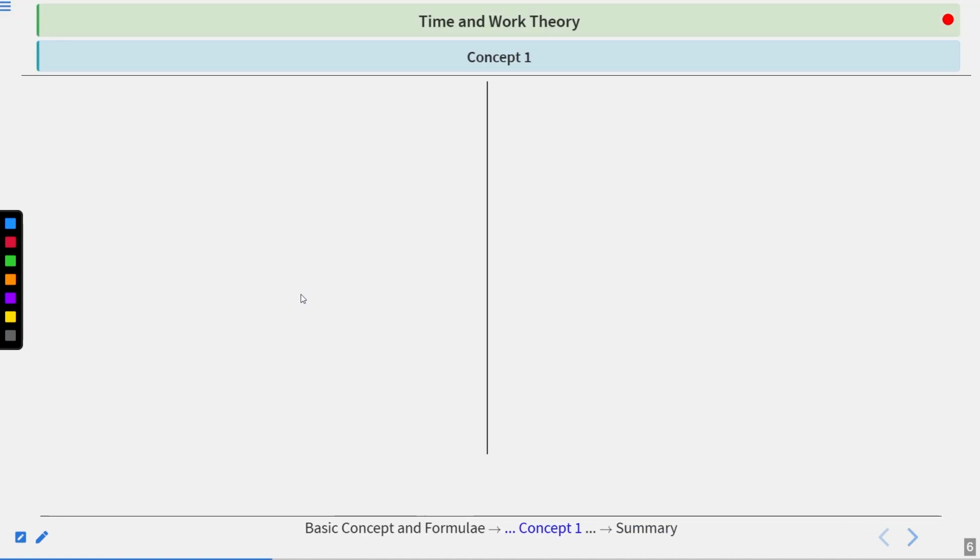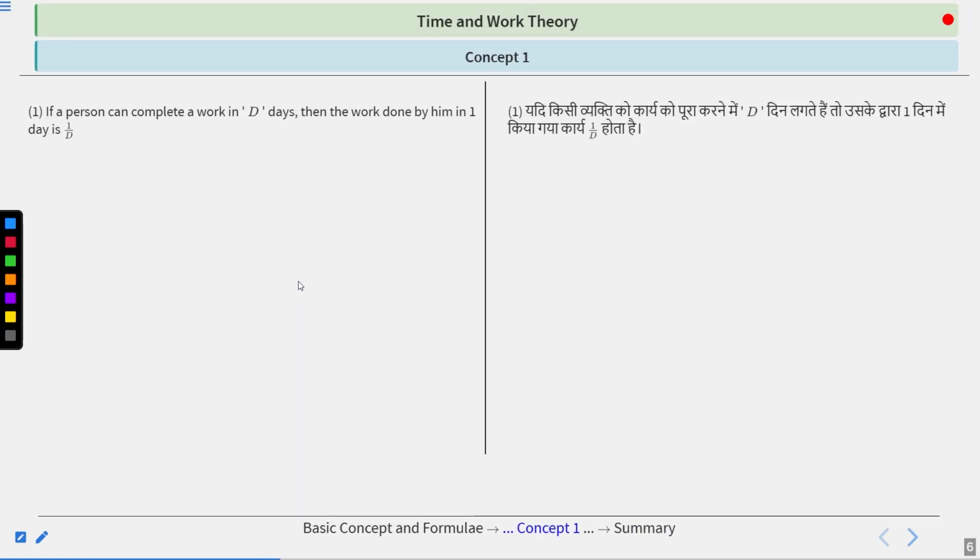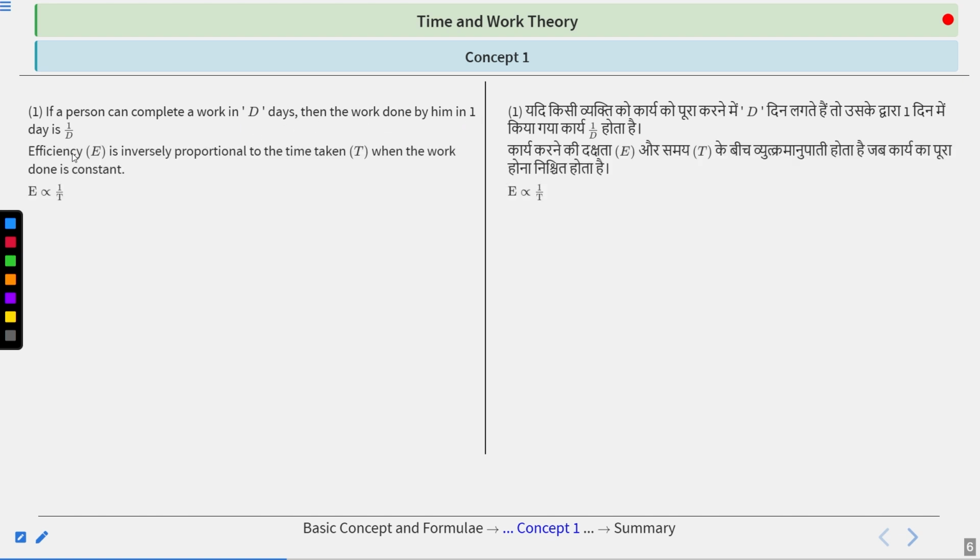Clear? Now concept 1. If a person can complete a work in D days, then the work done by him in 1 day is 1 by D. Clear? So efficiency E is inversely proportional to time taken when the work done is constant.